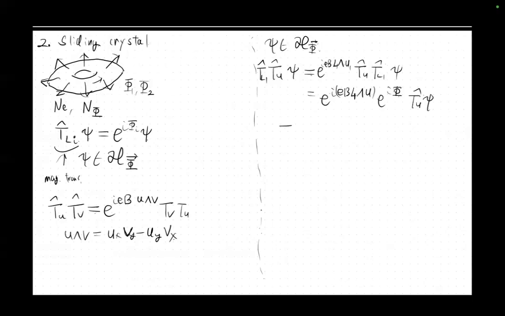So from this, we see that t_u psi actually now lives in a different Hilbert space with some delta of phi. And the delta of phi is given by e B (L_x u_y minus L_y u_x).